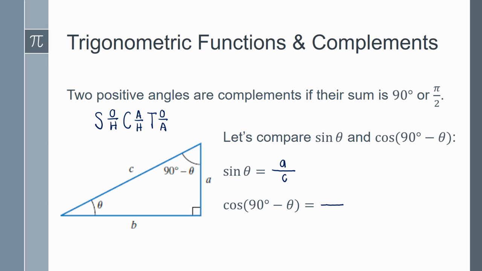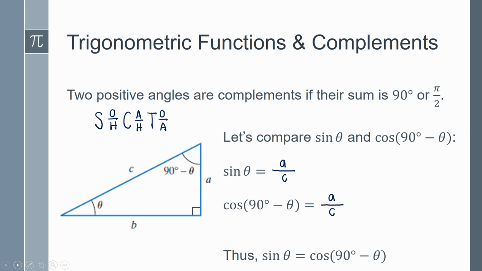Now I want the cosine of 90 degrees minus theta, which means I'm looking at the angle up here at the top. Cosine is adjacent over hypotenuse. Well, adjacent is the leg that's right next to it. That would be A. The hypotenuse hasn't changed. That's C. So if you notice, this is not a coincidence. Those ratios are the same.